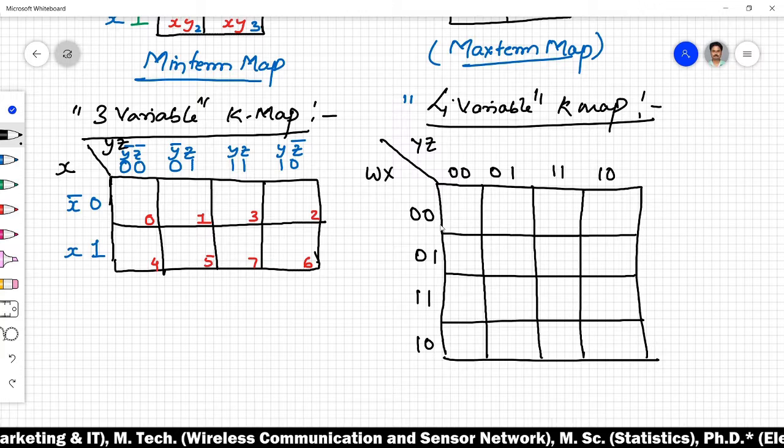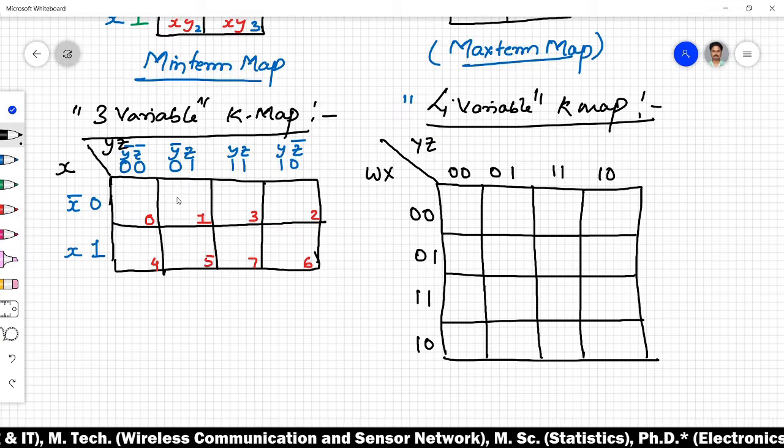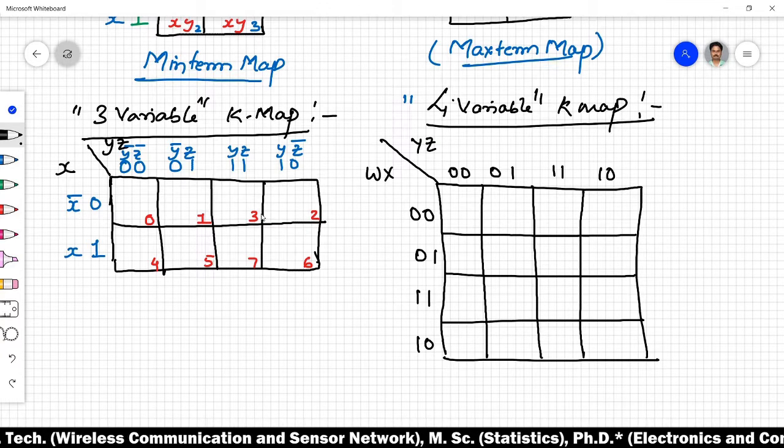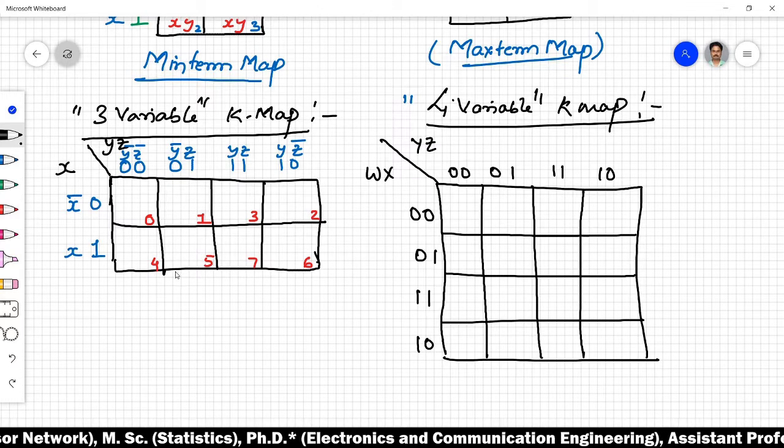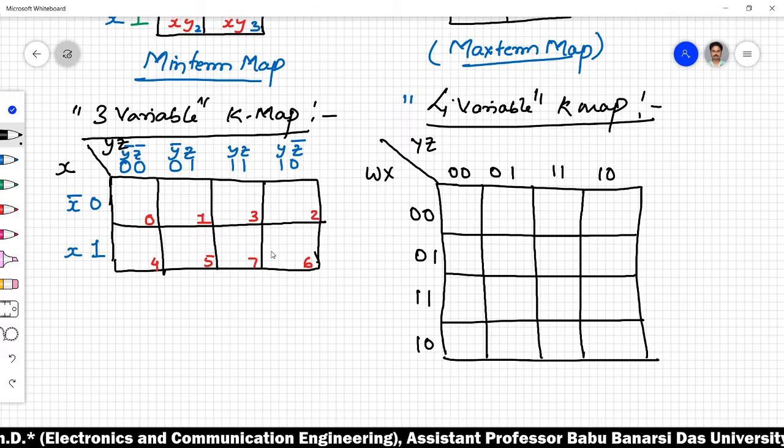Okay, I have just told you that we are not following the binary sequence, because if you consider the adjacent cells of these boxes, you will find there is only one digit change with respect to the adjacent cell. This has the beautiful property of gray coding, which will help us make groupings of these cells for the simplification.